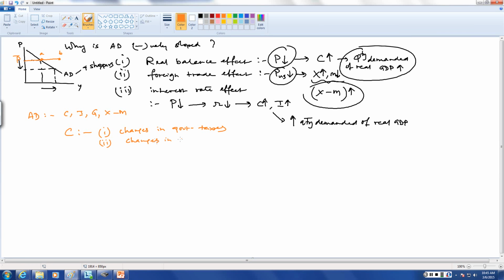Changes in expectations of future income and prices. If consumers expect that their income is going to be higher in the future, they may already begin to spend more on consumption. If consumers expect prices to be higher in the future, that's again when they will go and spend more today to stock up on goods before prices rise.